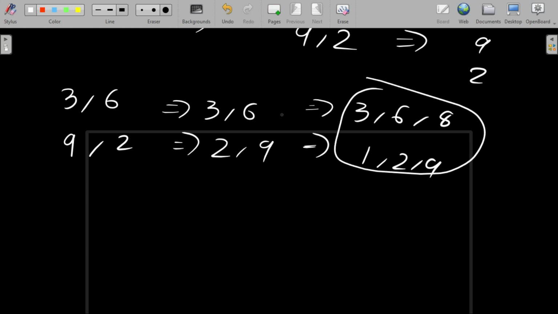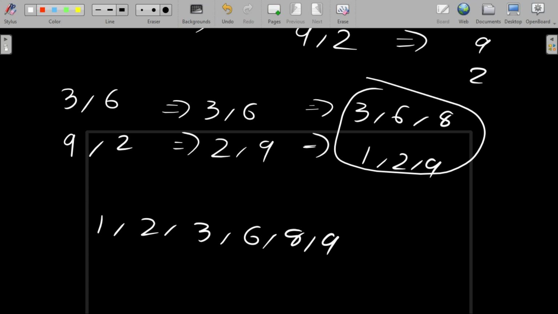In the final merge, compare numbers one by one; the smaller number goes first. The result we got is 1, 2, 3, 6, 8, 9. Congratulations, the array is sorted.